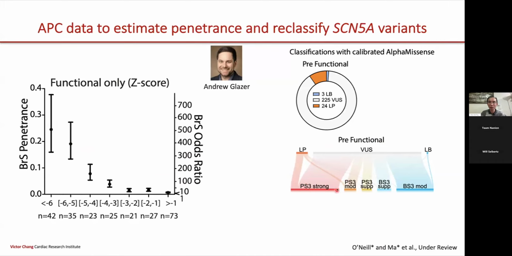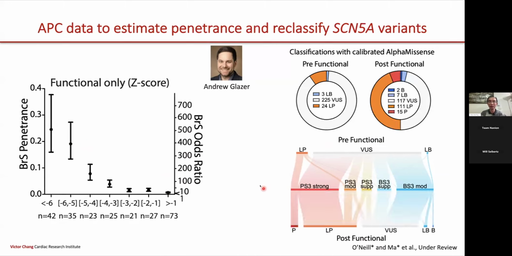And if we then apply what we determine as different evidence strengths of the functional evidence, we can see if you have strong or moderate functional evidence, you will likely be able to reclassify to likely pathogenic in most cases. And if you are supporting, half and half, some of them will be VUS, some of them will be likely pathogenic. And if you're normal function, of course, in this case, it will be either VUS or likely benign. We apply a very stringent criteria to reach likely benign, which is why a lot of them are not.